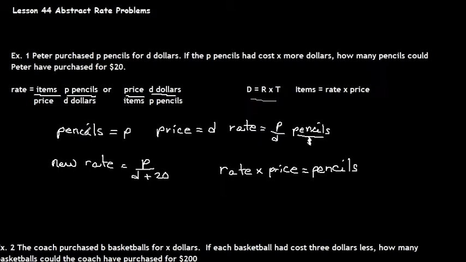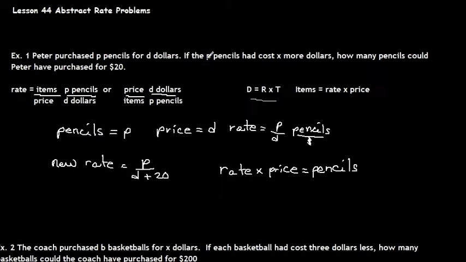First thing you want to do is assign your variables. We've done these many times. So Peter purchased P pencils for D dollars. So pencils are P, price is D dollars, the rate is P over D, pencils over dollars. So that's our first setup, and then, just like we've done before, we have a new rate.